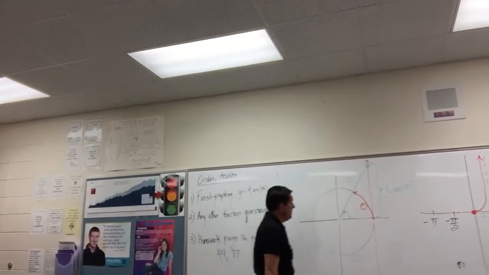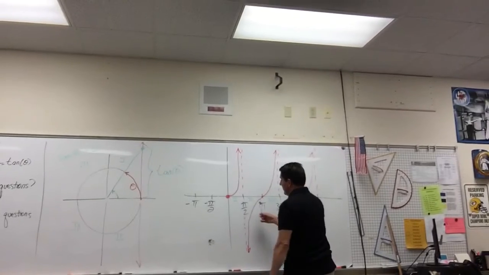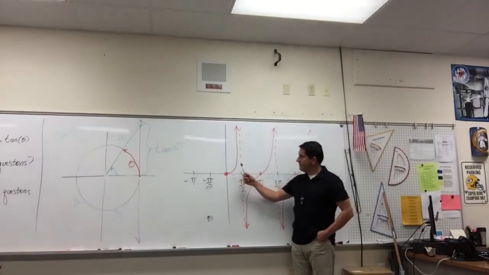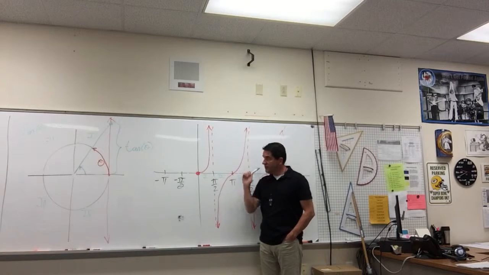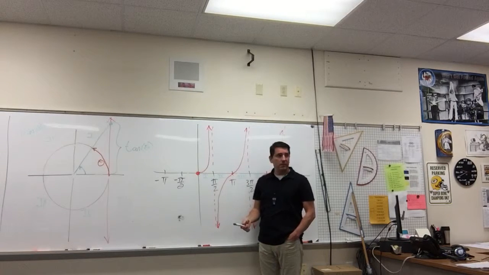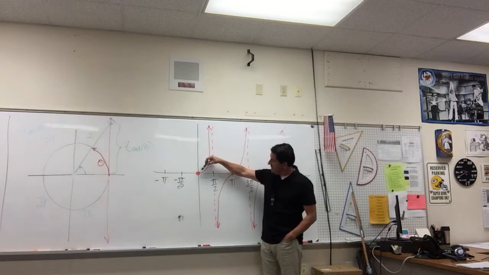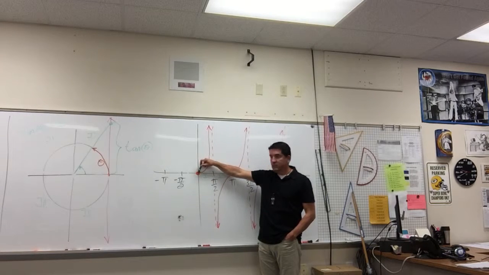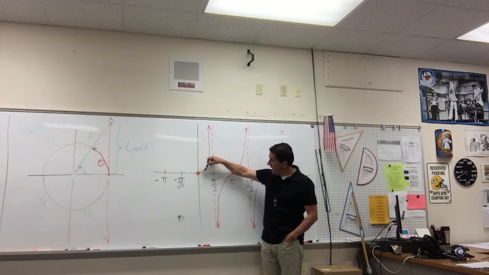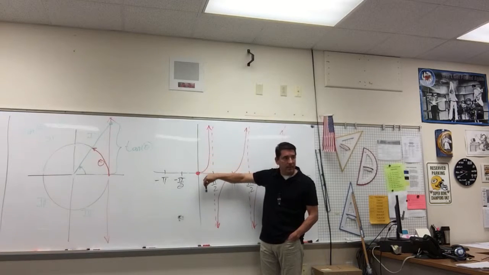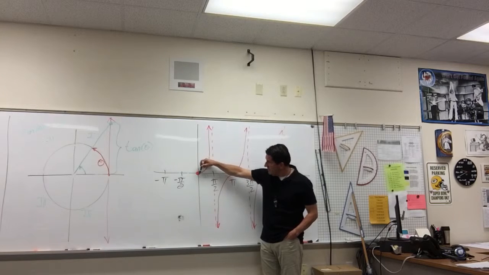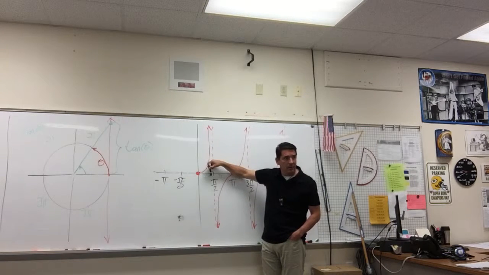Well, here's how I would interpret that. For every value, instead of plotting the tangent, if I took the tangent of theta minus theta, then at 0, the tangent of 0 minus 0 would still be at the same exact point. But for ones past that, you take the tangent value and then you subtract the theta, so it would dip down a little bit more.